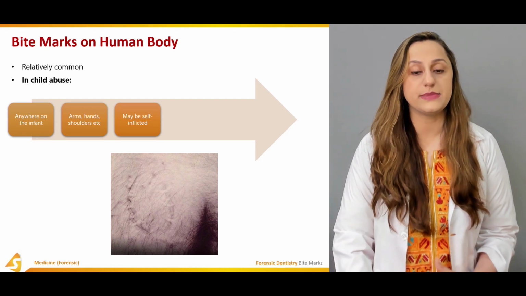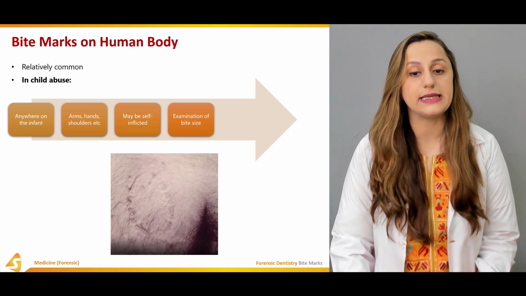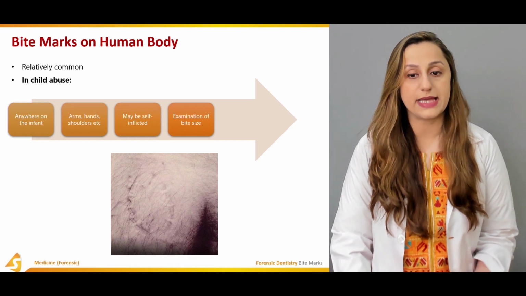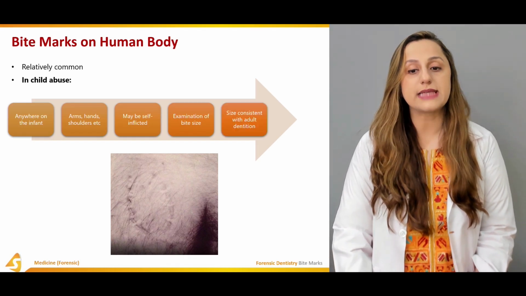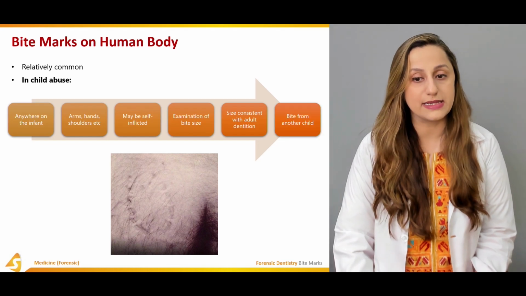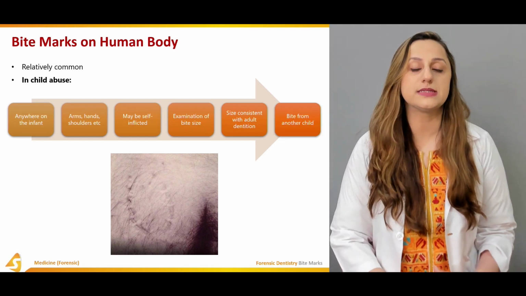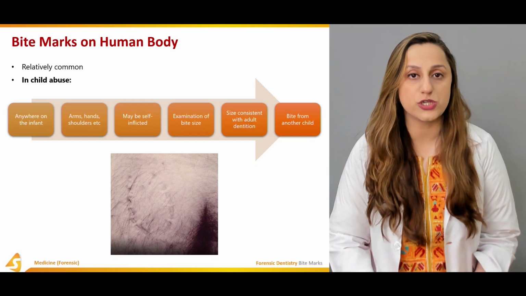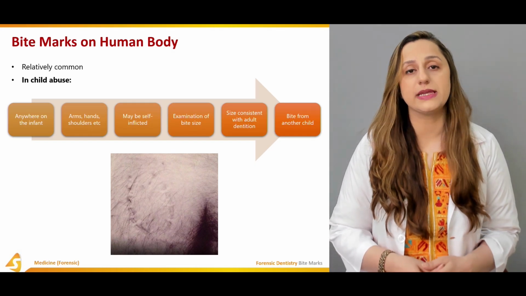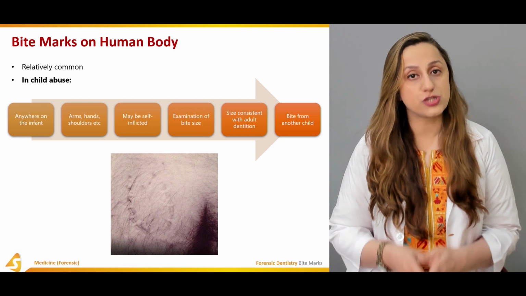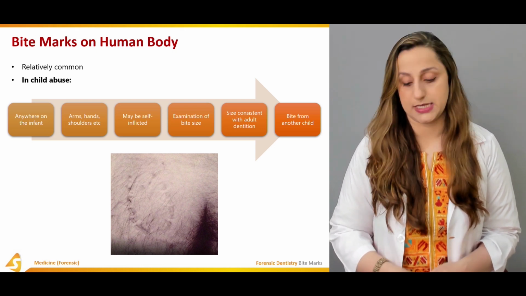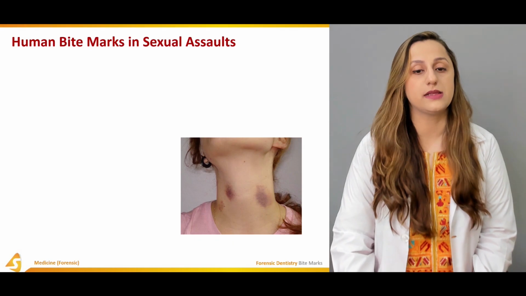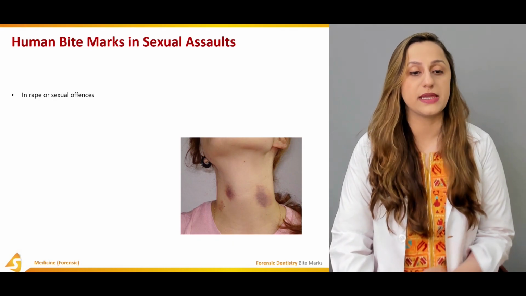These bite marks can be self-inflicted in a lot of cases, and the examination of the bite size is very important. The size is usually consistent with adult dentition, and it has to be distinguished from the bite of a child. So we have to distinguish whether this bite mark was caused by a child or by an adult. This is quite a simple distinction.